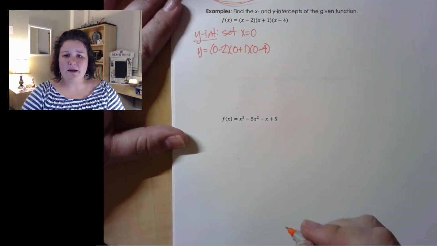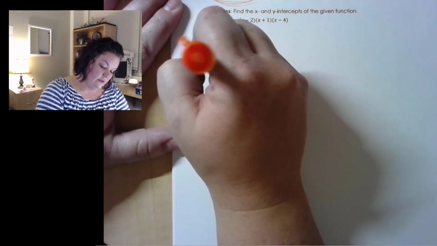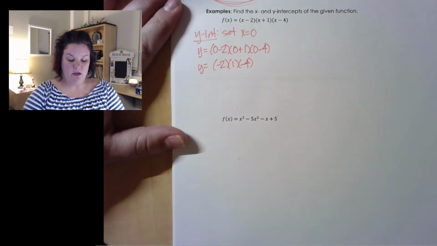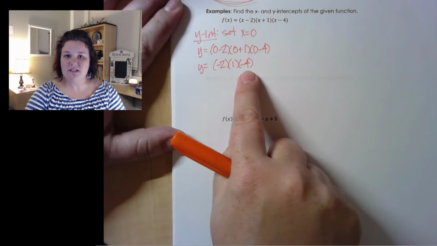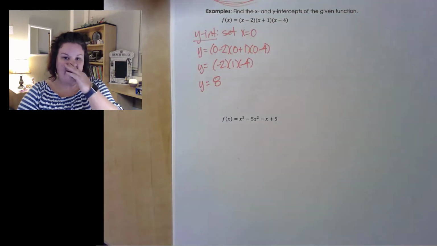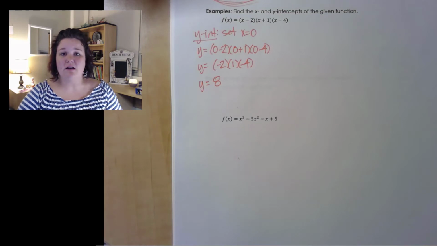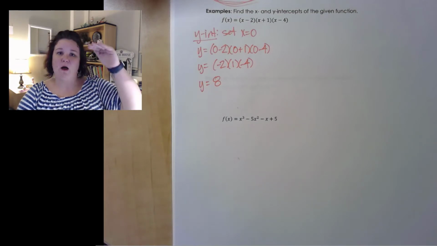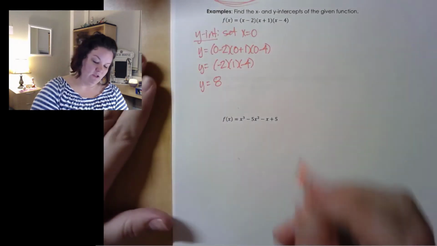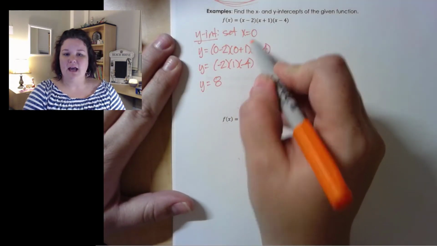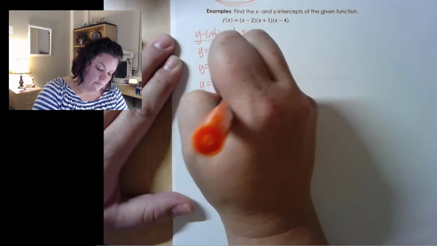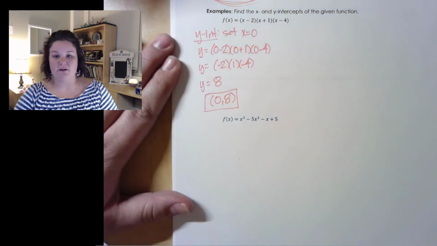As I plug in all my zeros, what I end up with is -2 times 1 times -4. When I multiply all those numbers together, I end up with a positive 8. So this means that my function will cross the y-axis at y equals 8, but we want to make sure that we write it as an ordered pair. We plugged 0 in for x and we got 8 out for y, so this is going to be (0, 8) as our y-intercept.